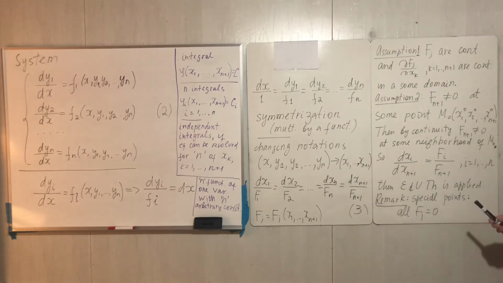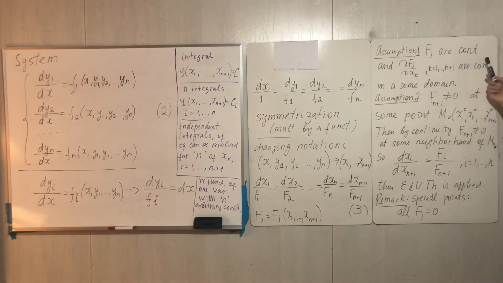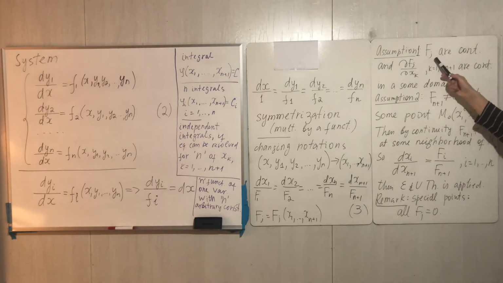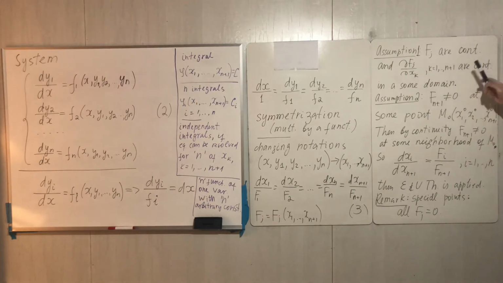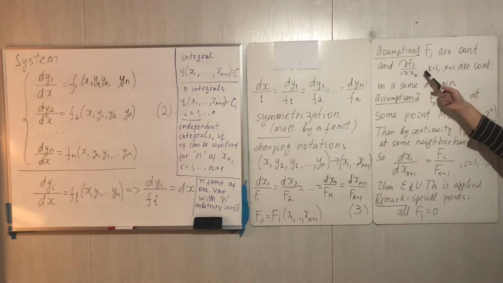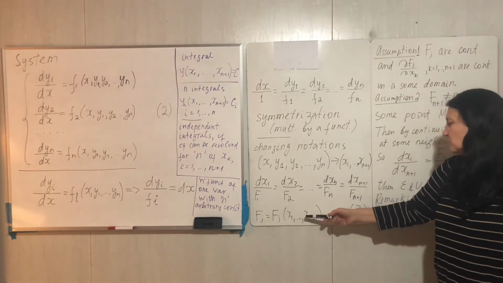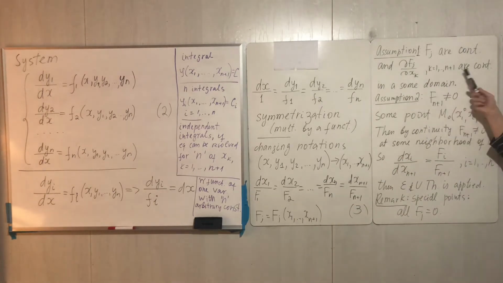And then here, let's have an assumption that all functions f are continuous, and partial derivatives with respect to all of the variables, x1, x2, up to x n plus 1, are continuous as well in some domain.